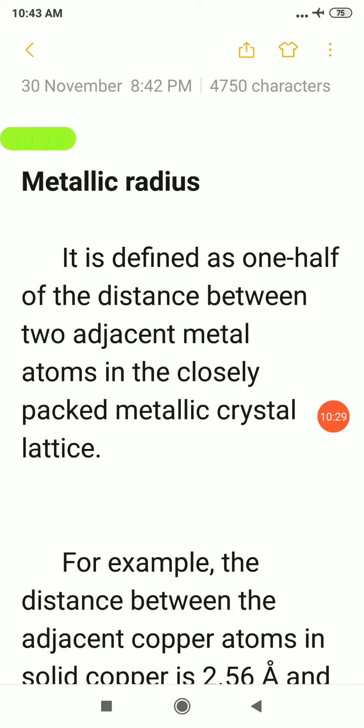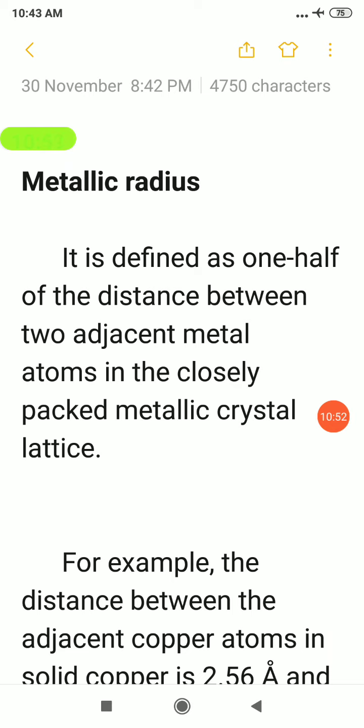It is studied in the case of metals. Metallic radius is defined as half of the distance between two adjacent metal atoms in a closely packed metallic crystal lattice. In crystals, metals are closely packed, so the distance between two adjacent metal atoms, half of it, is the metallic radius.